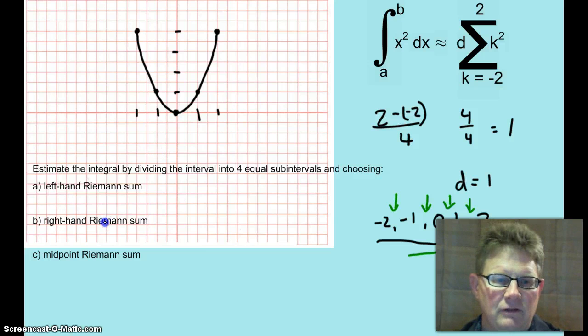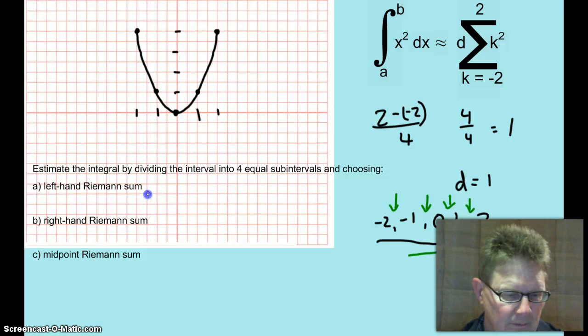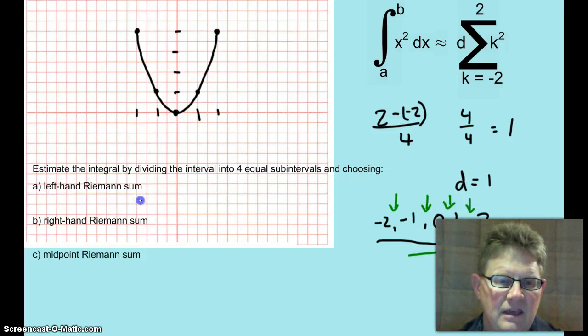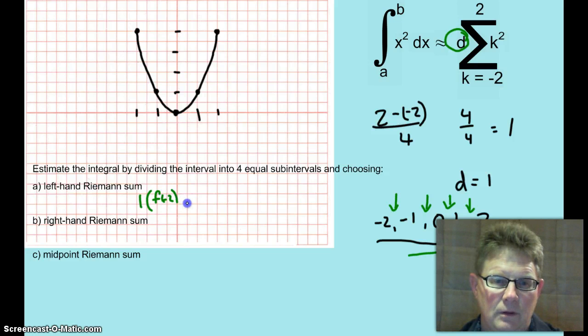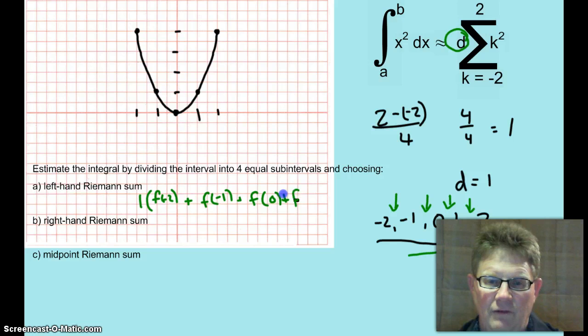So the left-hand Riemann sum is going to be D, which is 1, on the outside, just like D's on the outside here. f of negative 2 plus f of negative 1 plus f of 0 plus f of 1.